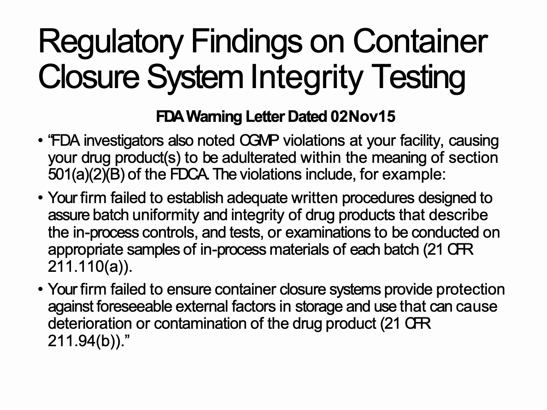One major issue was the failure to establish proper written procedures, or SOPs, ensuring batch uniformity and integrity. These procedures should define in-process controls, testing and examinations for each batch as required by 21 Code of Federal Regulations 211.110, paragraph A.